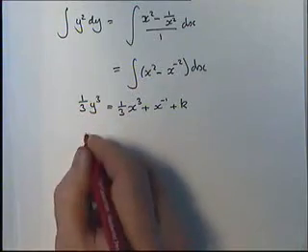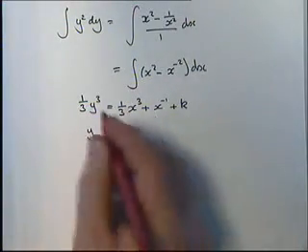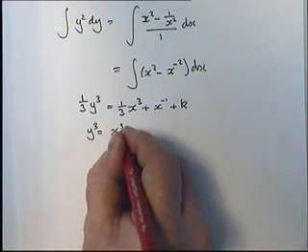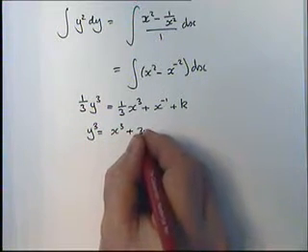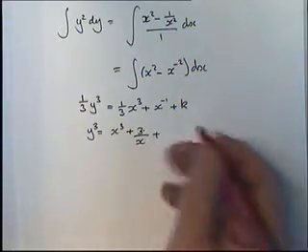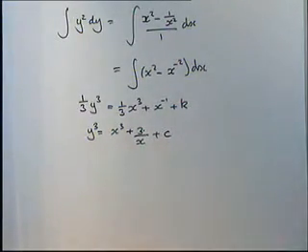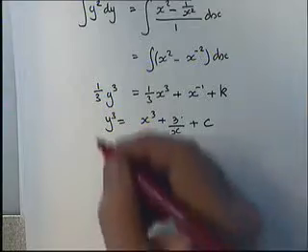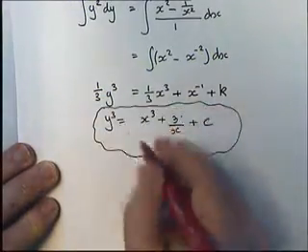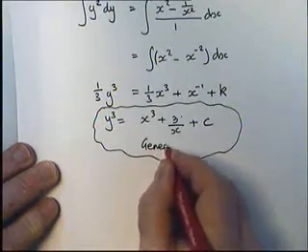And now we can multiply through every term by 3, and we get y cubed equals x cubed plus 3 over x, because that's the same as x to the minus 1, plus 3 lots of a constant, or a constant. Now that is the general solution to that differential equation. That's the general solution.